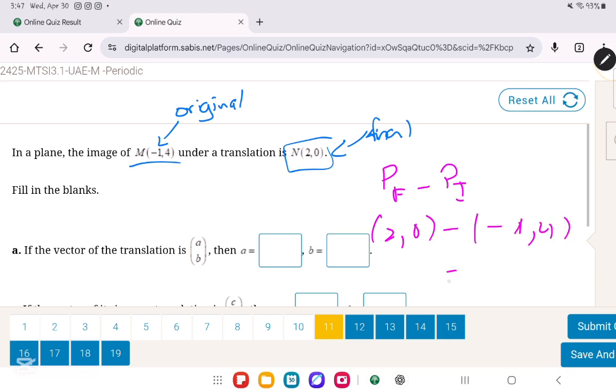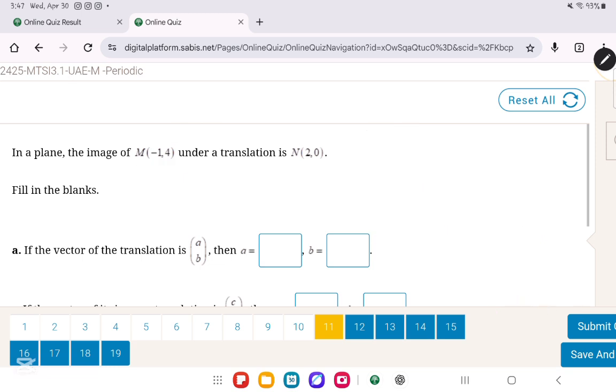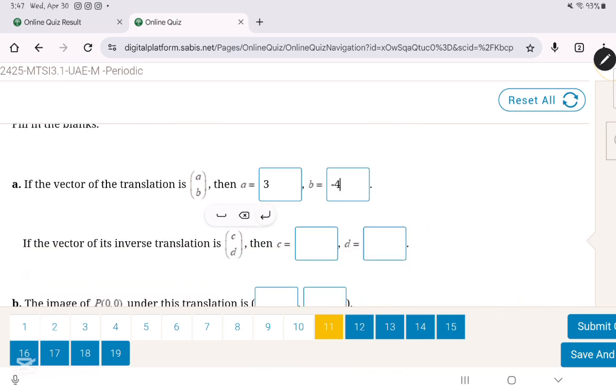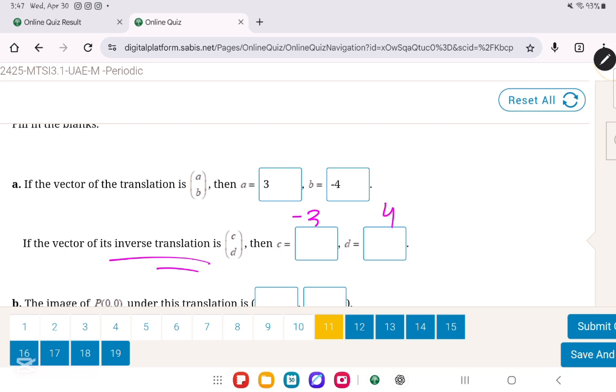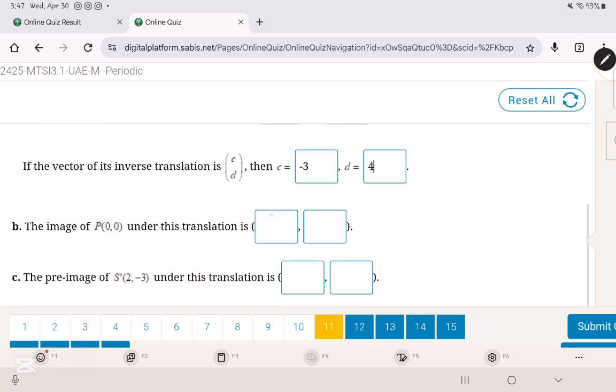You're going to subtract them to get the vector, which in this case is 3 minus 4. So the vector is 3 minus 4. When they want the inverse translation, that means you're only going to swap the signs. If you swap the signs, that means it's going to be minus 3, 4. So very simply, it goes from 3 minus 4 to minus 3, 4.